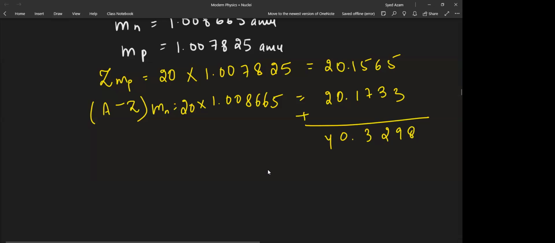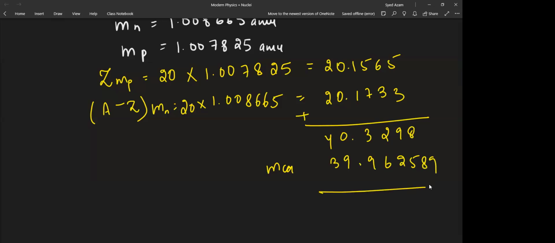And then you subtract the mass of the calcium, that is the complete mass of the nucleus, which is 39.962589. When you solve this, the delta M will be 0.367. So first we did ZMp, then we did (A minus Z) Mn, and we added these two.